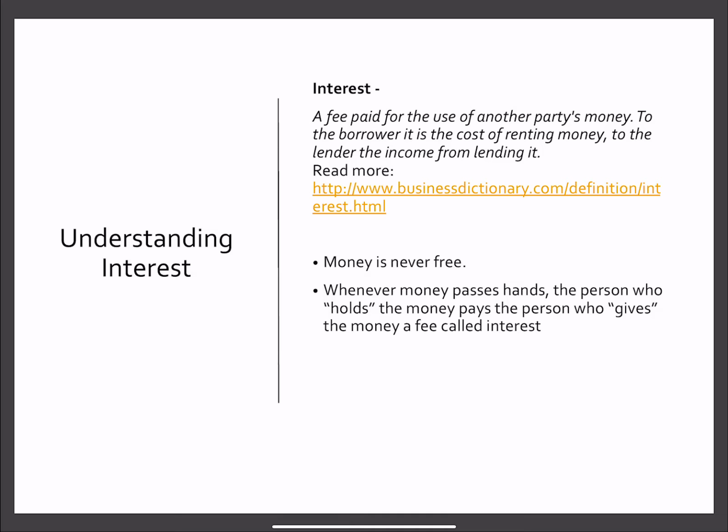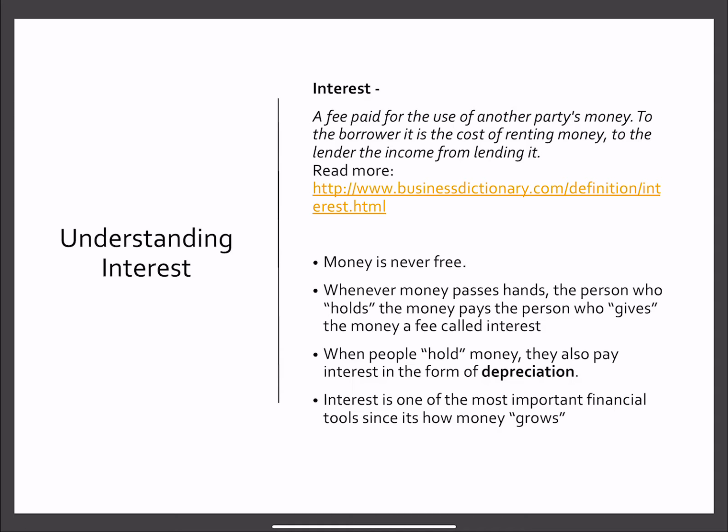And whenever money passes hands, like whenever somebody gives someone else money, the person who is giving the money collects a fee called interest. And if you hold money, like we said, your money loses value. That's depreciation. And lastly, interest.